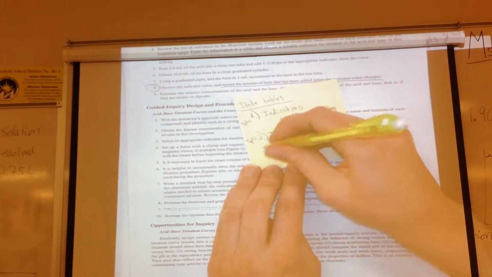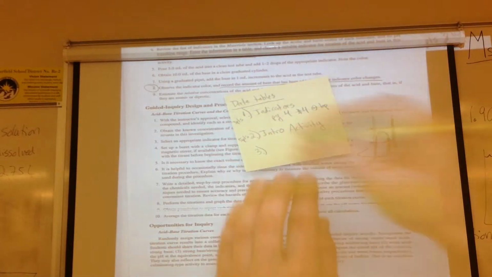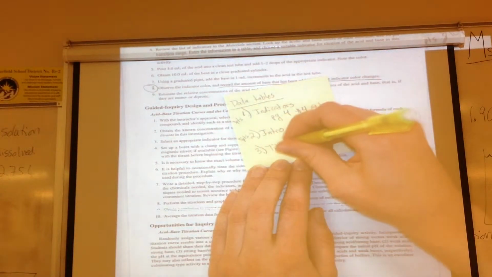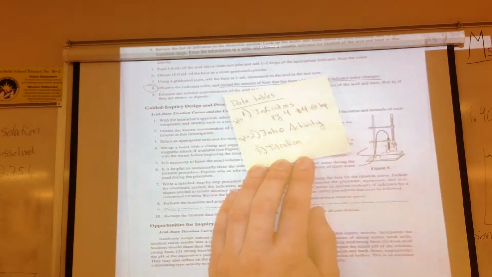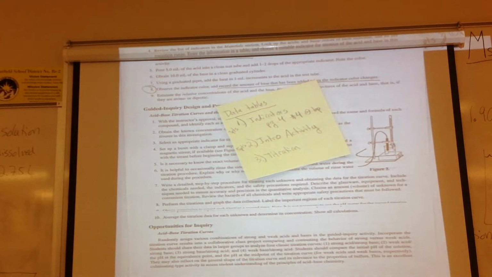The third data table is the one that we did for the titration. So this is your titration. Several of you were able to put it on a computer. So this may be computer generated.